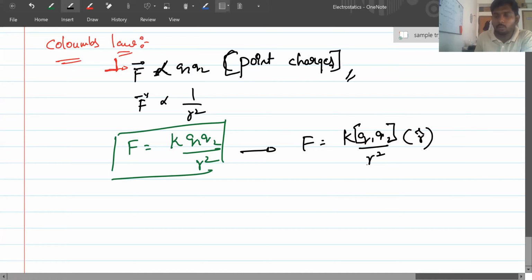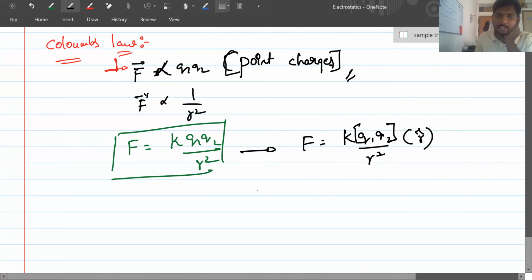If both are opposite charges, one will be positive, one will be negative, so this product will be negative, and you will get a negative sign.